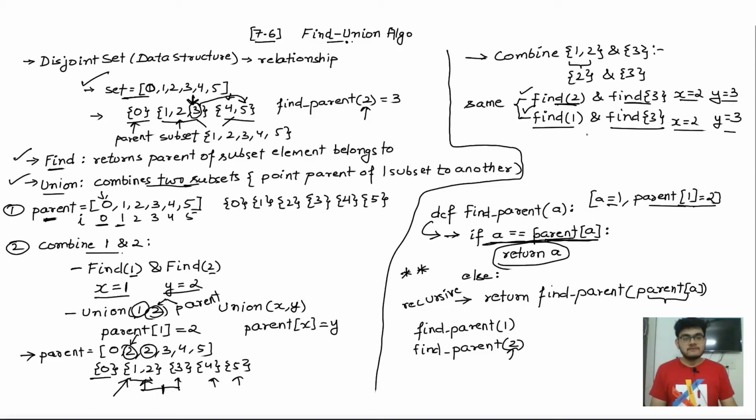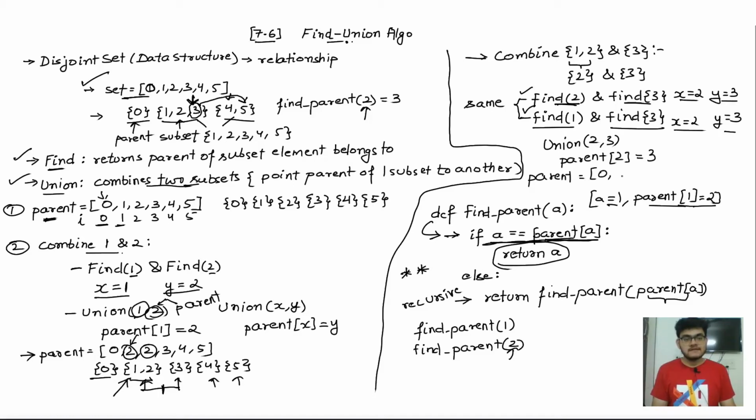So irrespective of what call you make, the value of x and y will remain the same. As we know, the next step will be union of 2, 3, and we know how to combine 2, 3. We will just use parent of x, which is 2, will be equal to 3. So now the parent set is going to look something like this.